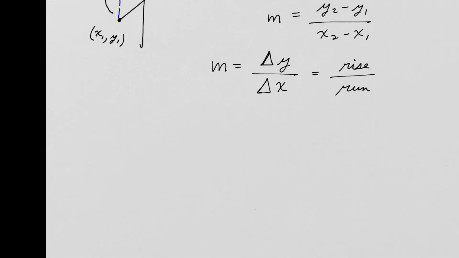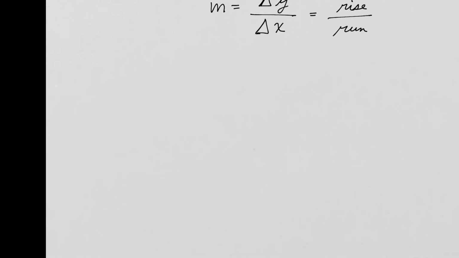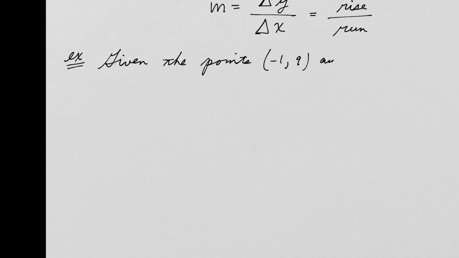So let's do an example here. Given the points (-1, 9) and (-4, 0), find the slope. And really, I mean find the slope of the line passing through those points.